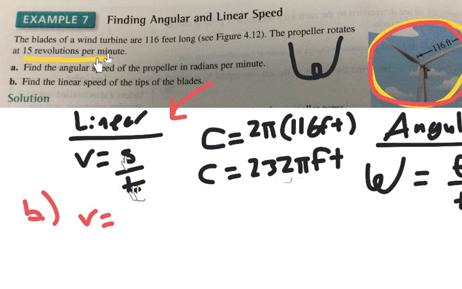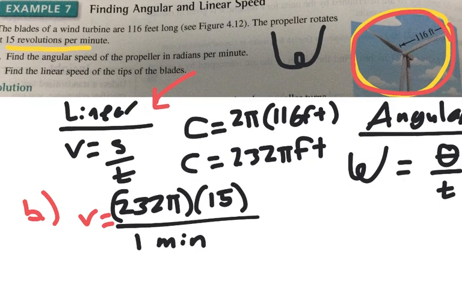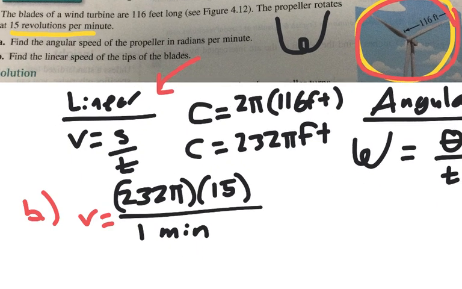I'm going to take 232 pi, and I'm going to multiply that by 15, and that's how far it's going to travel in 1 minute, because it does 15 of those full revolutions. So again, on the calculator, you have to do 232 pi times 15, and then divide by 1 minute.